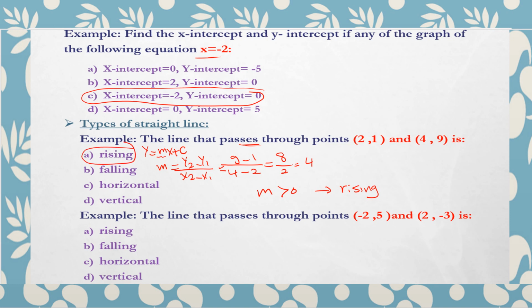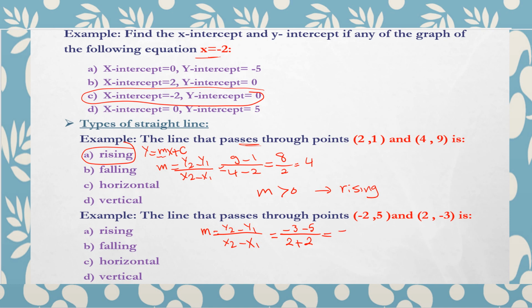Another example, the line that passes through points (-2, 5) and (2, -3) is, first we have to find the slope, which equals y2 minus y1 over x2 minus x1. -3 minus 5 over 2 minus minus 2, which equals plus 2.